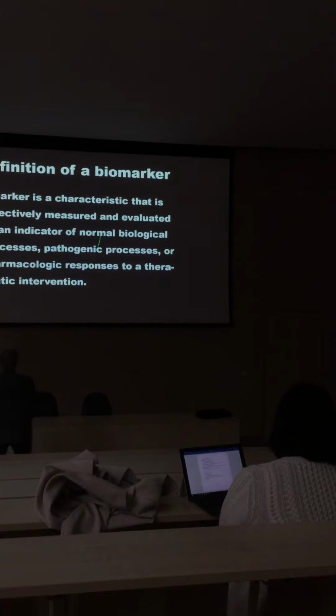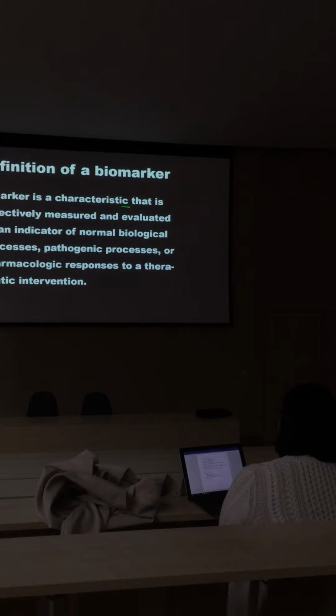I did put down here a definition. It's more complicated. It almost looks as if it were scientific. But that's what is possible to say about a biomarker. It's a characteristic and a feature that in an ideal situation can even be measured.